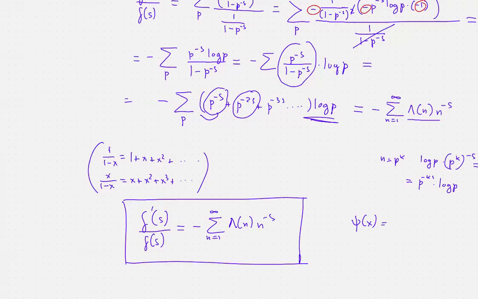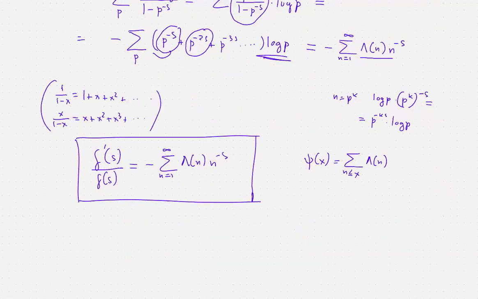So this is one of the explicit hints that we see that there is a connection between the zeta function and the prime number theorem, especially given the fact that the limit as x tends to infinity of psi of x over x being equal to 1 is precisely equivalent to the prime number theorem.